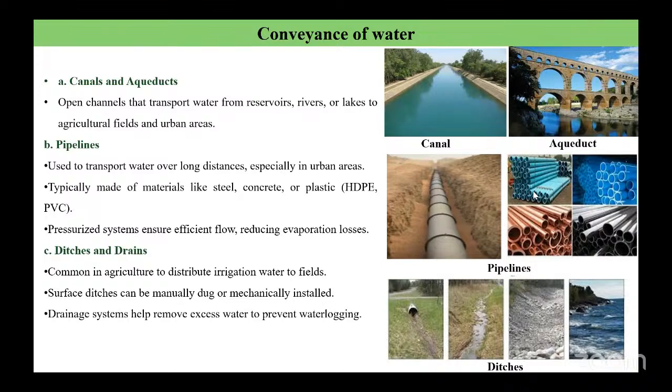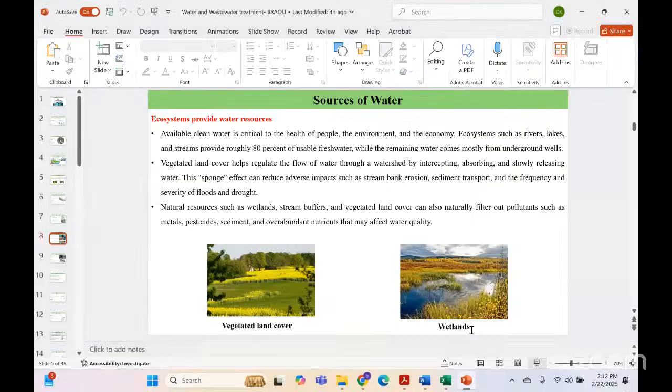The surface ditches are also manually dug or mechanically installed. These are the natural ditches. And these drainage systems help to remove the excess water to prevent waterlogging.